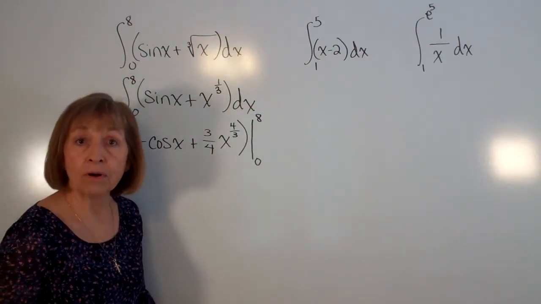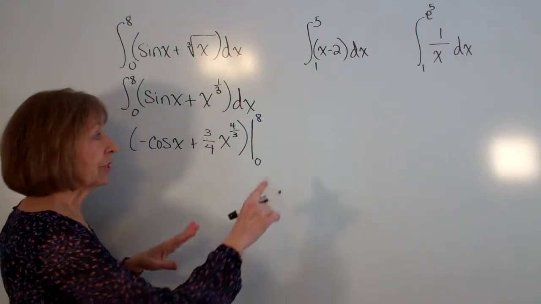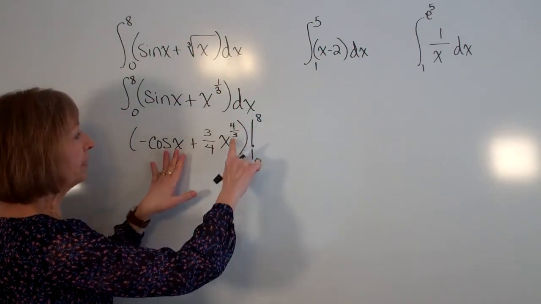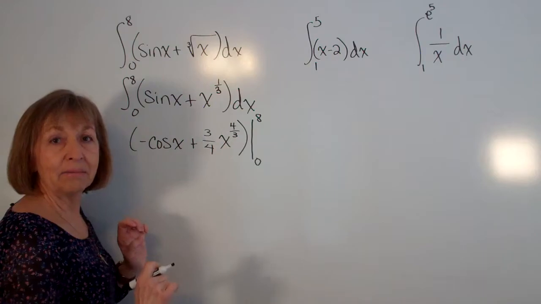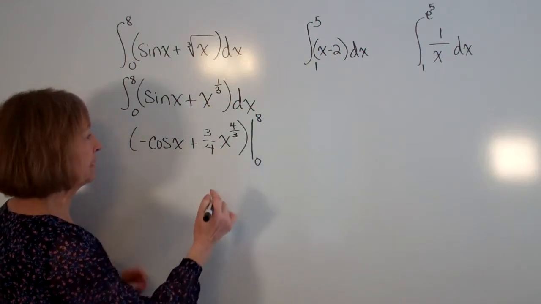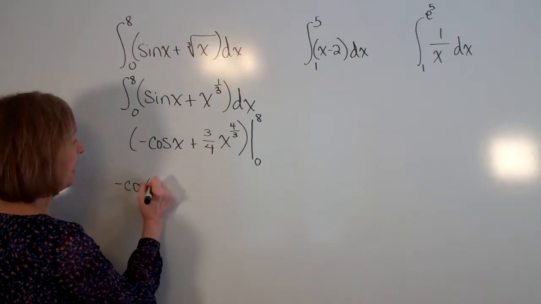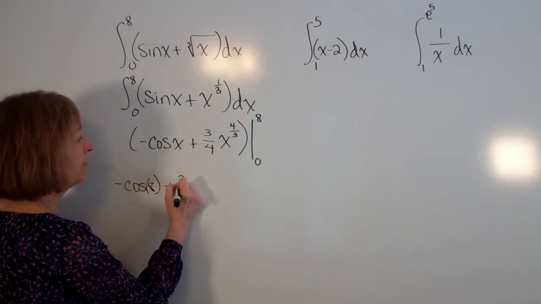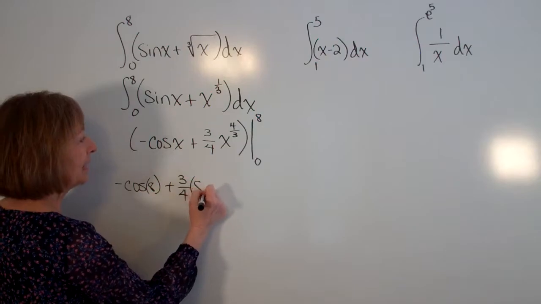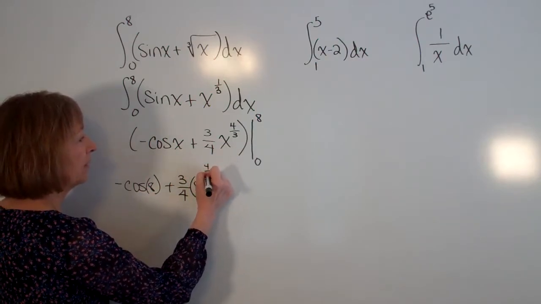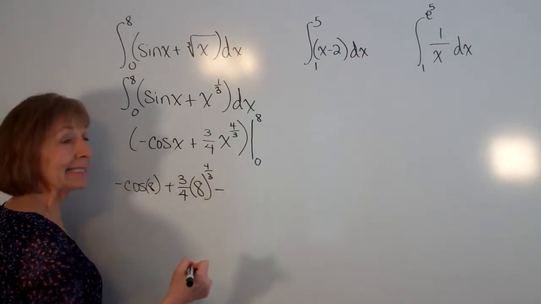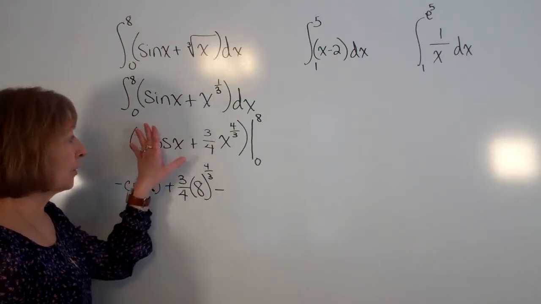Now we're ready for the plugging in stage. So we're going to take out the variable and put in 8, and then minus, take out the variable and put in 0. So we have the opposite of cosine of 8 plus 3/4 times 8 to the 4/3 power, and then minus, and this is going to have more than one term.